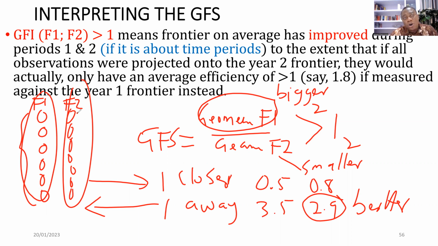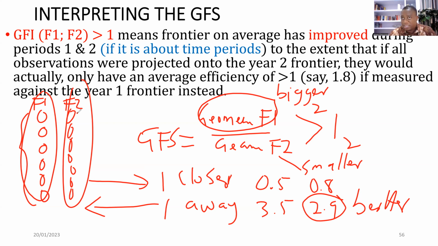Okay. Now watch something. What if there are more of these foreign firms and more of these local firms, and you estimate the scores of the foreign firms? Because there are more, some of them will be efficient, some super efficient, some inefficient, and so forth.